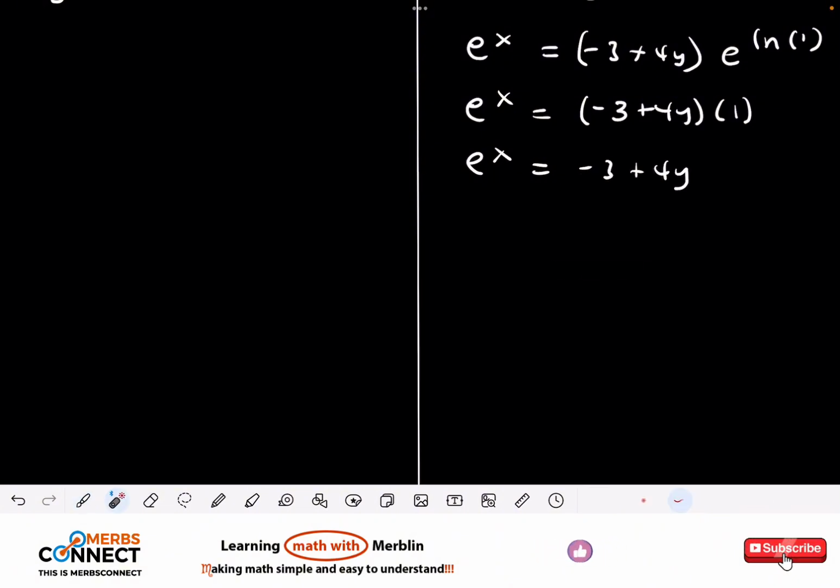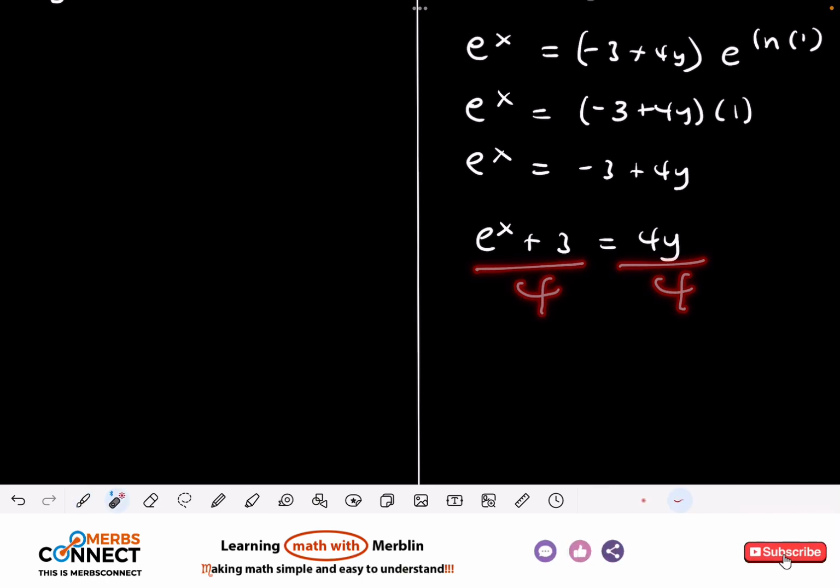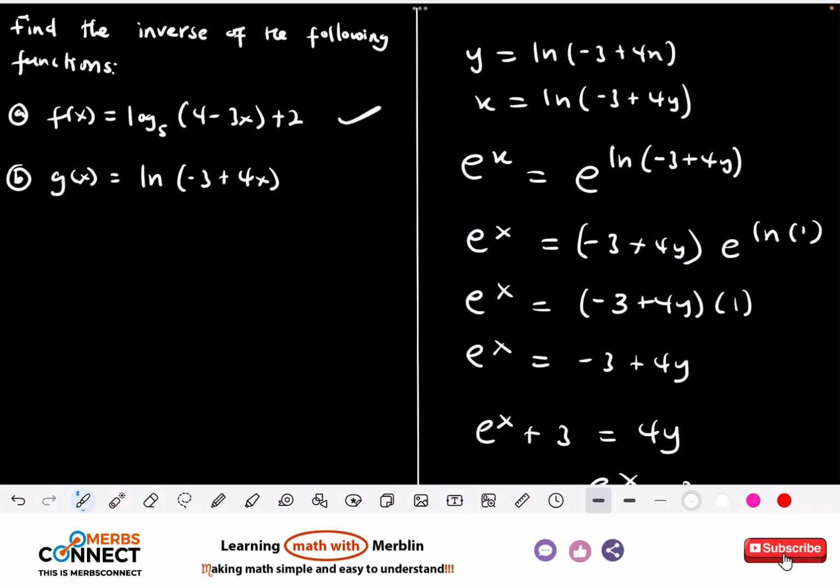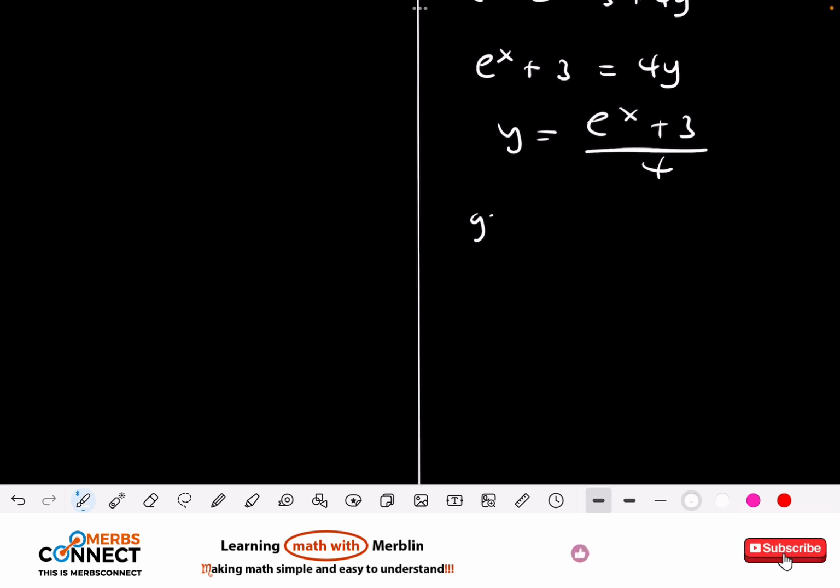By making y the subject, add 3 here, add 3 here, or move the negative 3 to the left hand side, which gives us e to the power x plus 3 equal to 4y. Let's divide this by 4, divide this by 4, and y is equal to e to the power x plus 3, divided by 4. So this is the inverse of x, which is equal to this plus this divided by 4.